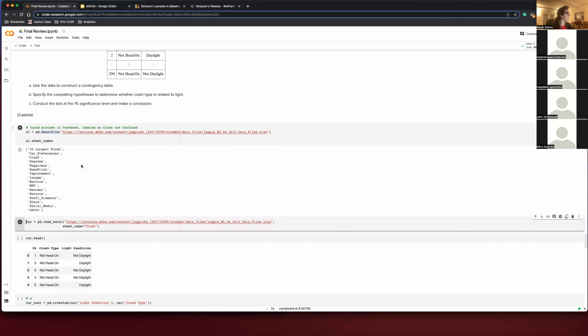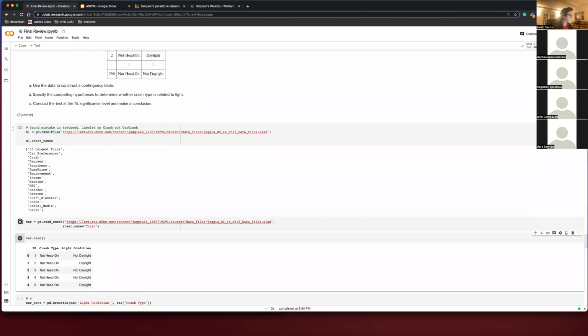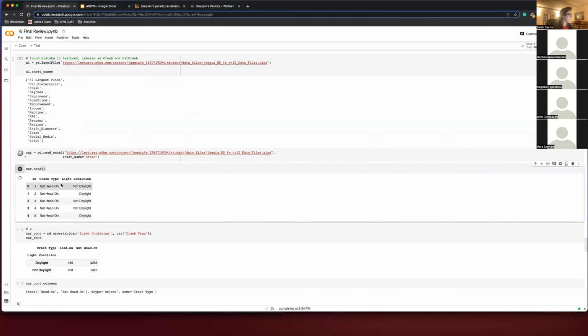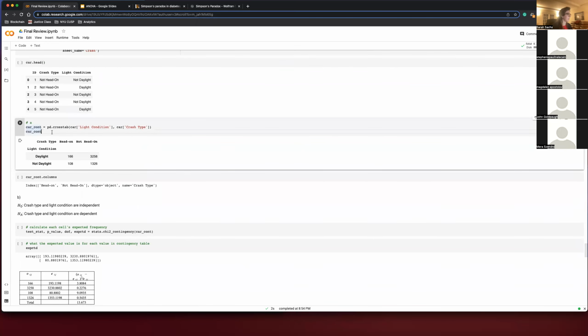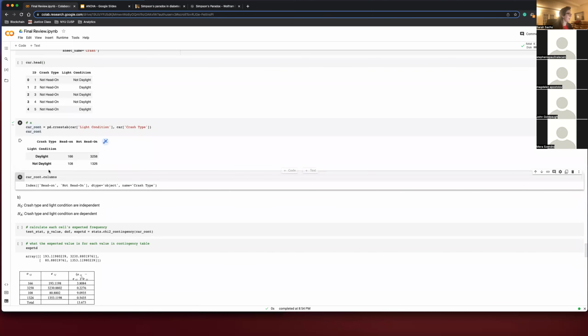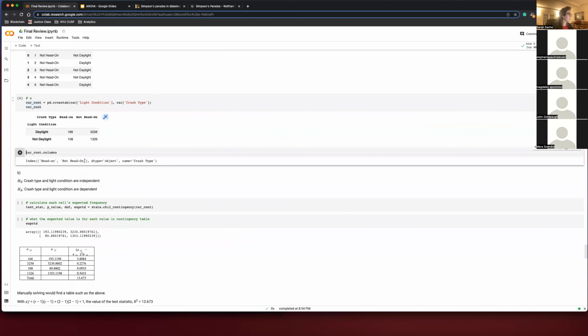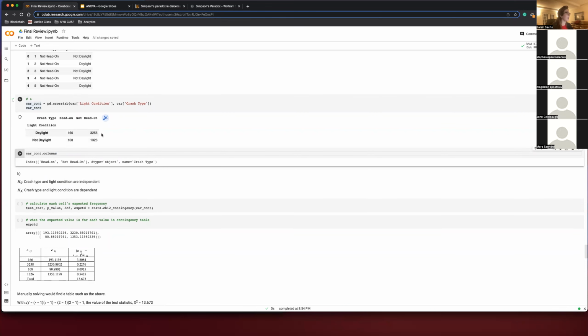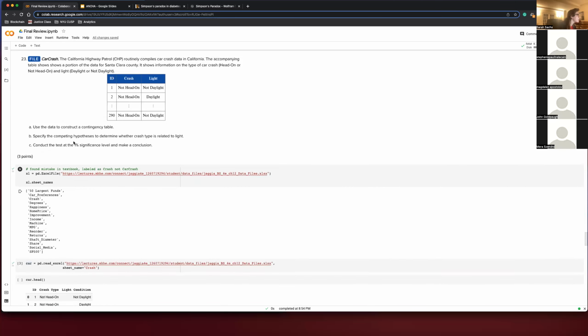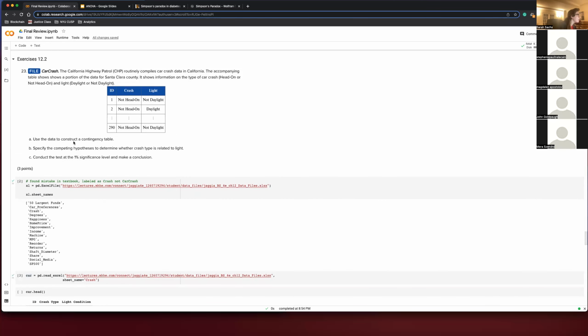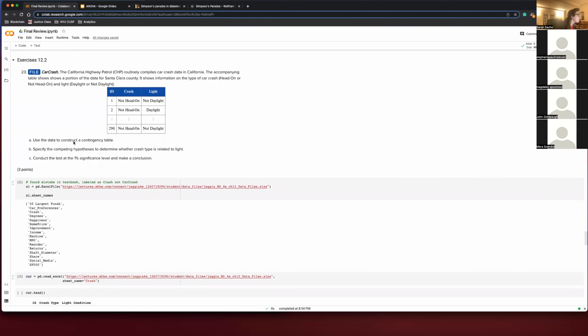So now I'm just reading in the packages, and we have this car data set, and we create this crosstab contingency table so that we can now start to compare how often when it's not head on, and was there a crash compared to daylight, compared to not daylight. I believe that is what we have here. Okay, yeah, these are all car crashes.